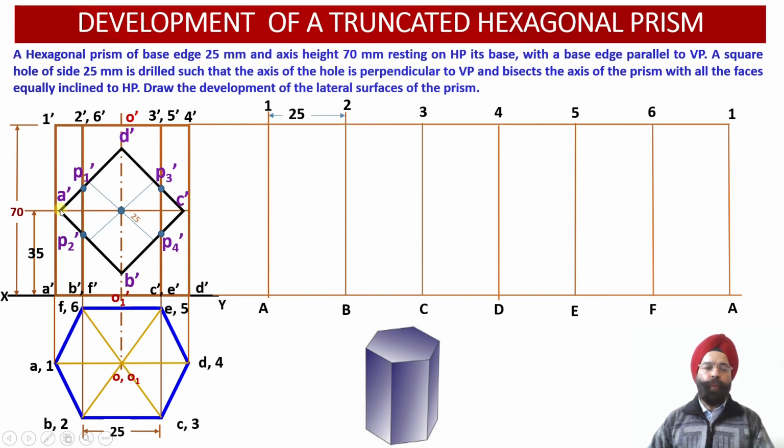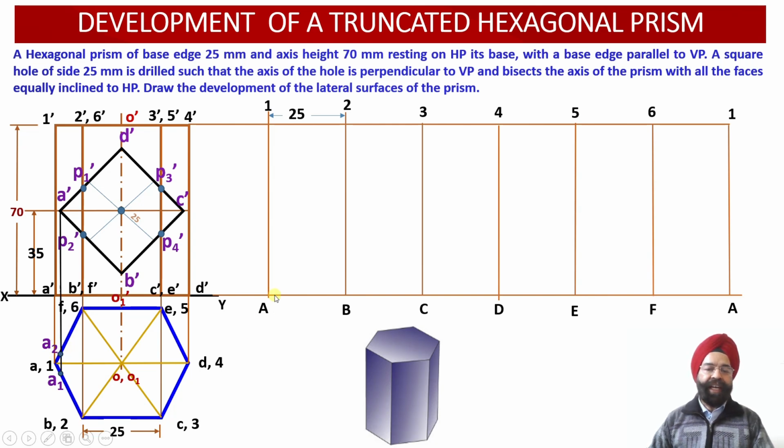So corresponding to point A dash, 1 black vertical projector we have drawn over here, and let us find out where this black vertical projector is going to intersect with the front edge AB over here or the rear edge FA over here. So wherever this vertical black projector emerging from the point A dash goes, it is going to intersect with the front face of this hexagon at point A1 and the rear face of this particular hexagonal prism at point A2 over here.